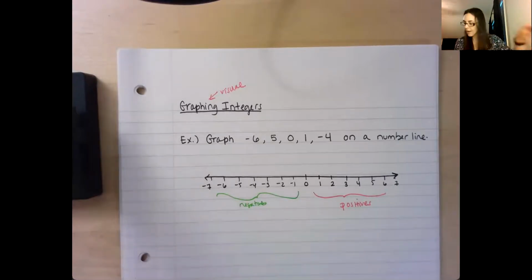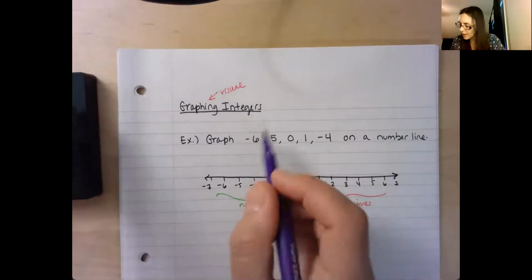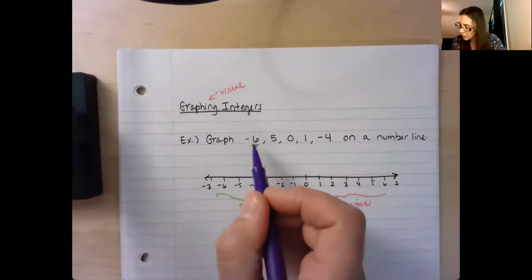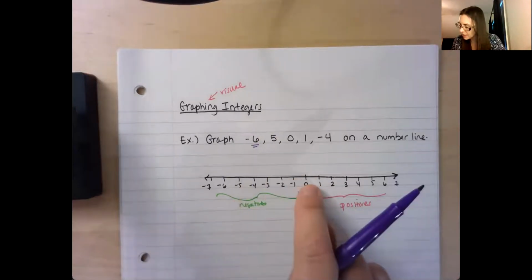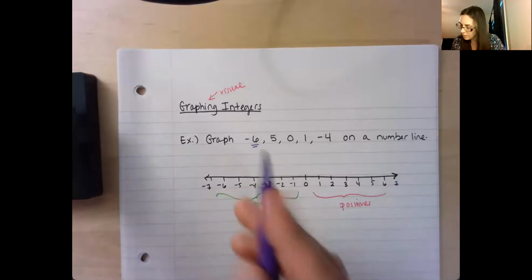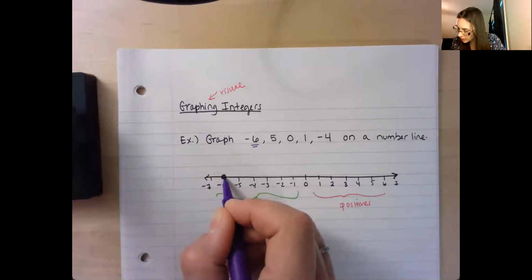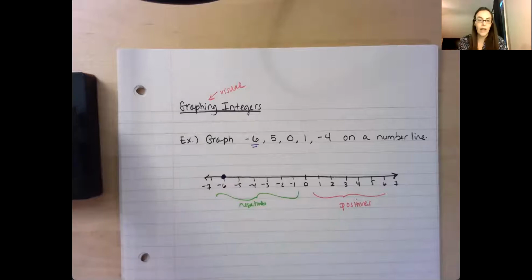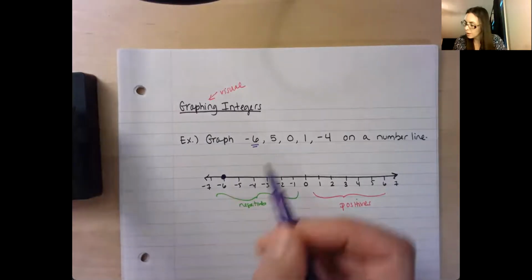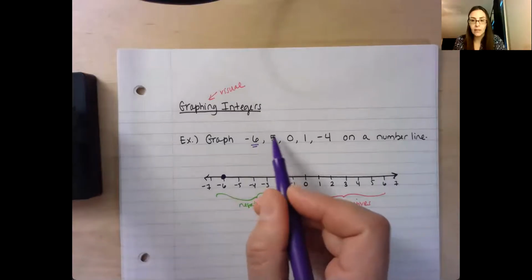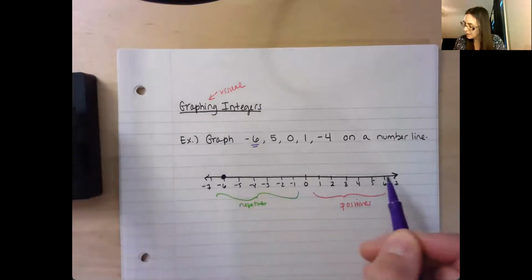So let's go ahead and graph some of these values. So I'm going to start with -6 first. So if I look at -6, I can see that negatives are on the left. It's way over here. And what you do is you just fill in a solid dot right on that -6. For 5, that's a +5. So I'm looking over here on my positive sides.